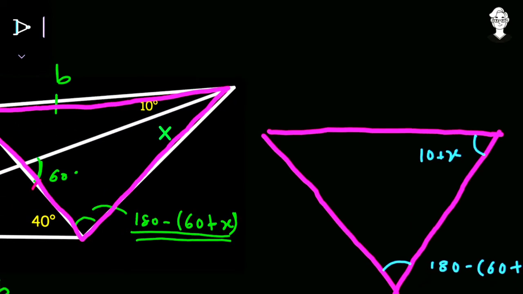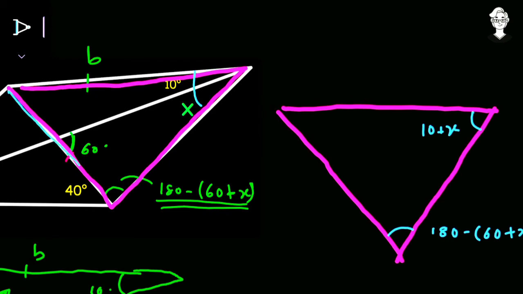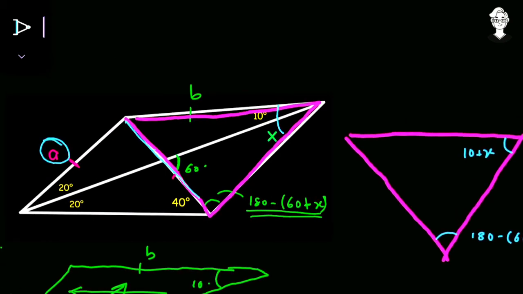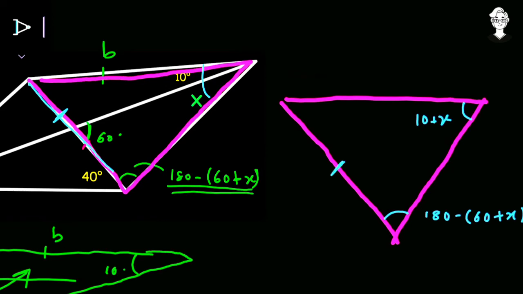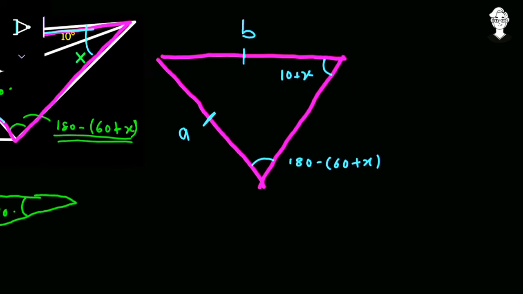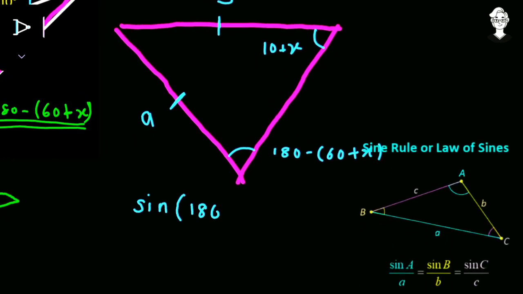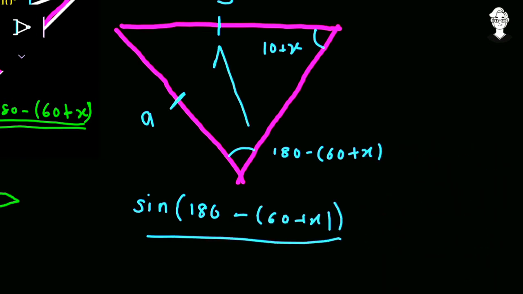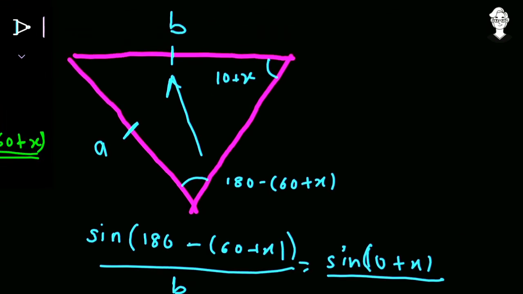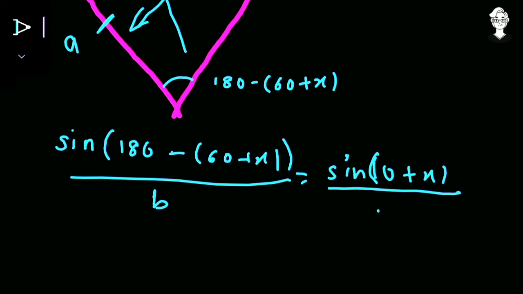This side is nothing but A. Remember that A and A were equal, so this side over here is A, and the top side is already B. So again the sine rule will be used: sine of 180 minus (60 plus x), this is one of the angles, and its opposite side is B, upon B is equal to sine of 10 plus x, that is one of the angles, upon the opposite side, that is nothing but A. So sine of 10 plus x upon A.